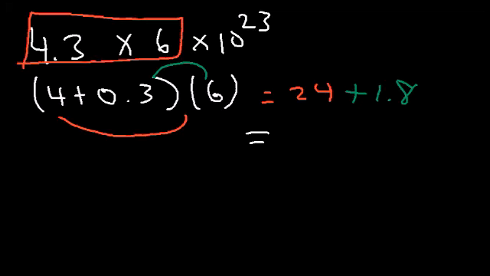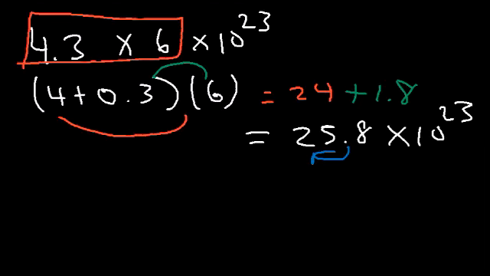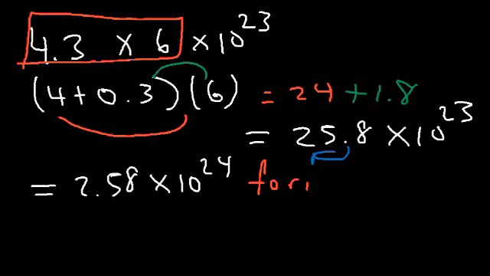And if you add these two numbers, you should get 25.8. So we have 25.8 times 10 to the 23rd. And if we move the decimal 1 unit to the left, you should get 2.58 times 10 to the 24. So that's how many formula units there are in 4.3 moles of aluminum chloride.